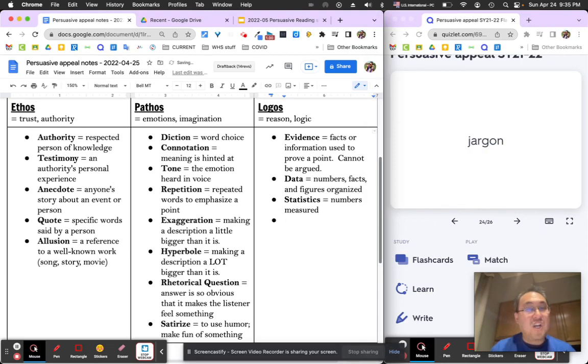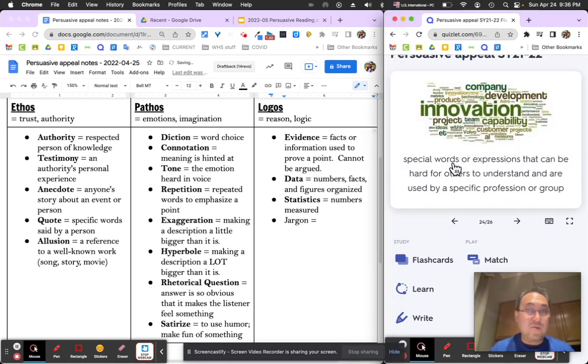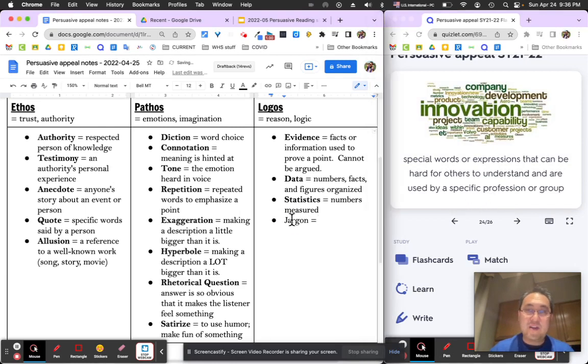Jargon. Jargon is our special vocabulary. Okay, so those are the special vocabulary words that have to do with a certain field. For example, when we're talking about YouTube, some words that are jargony are subscribe, channel, hit the bell, notifications. Those are all jargon. Global warming would be another one. Global warming, climate change, glaciers receding, temperature.